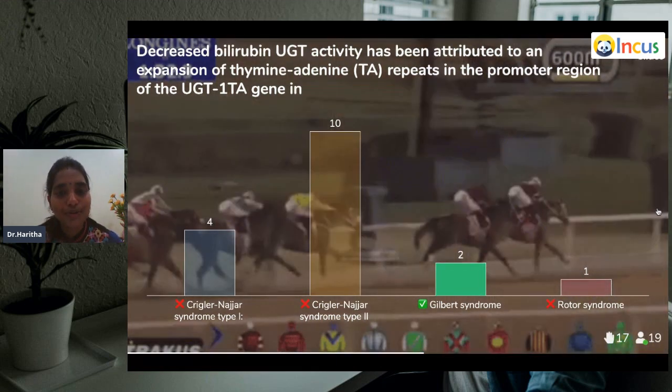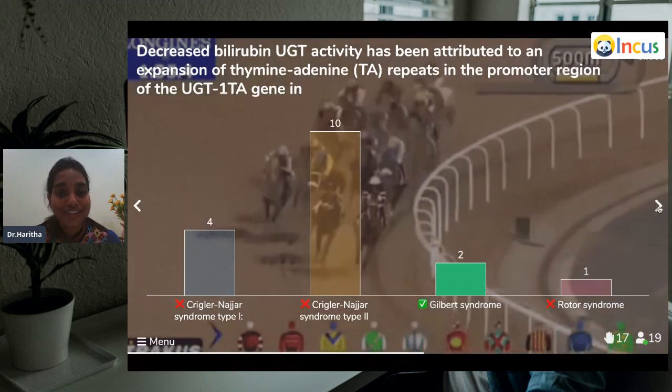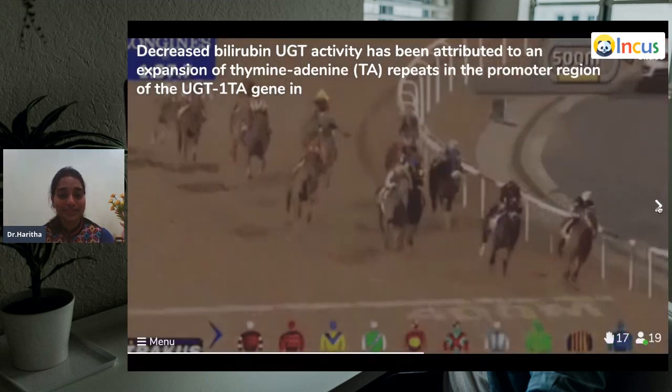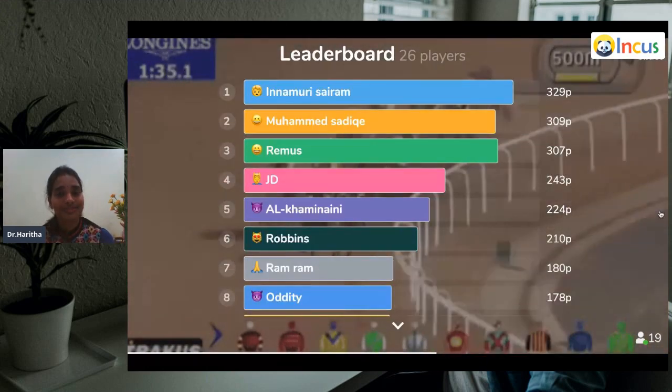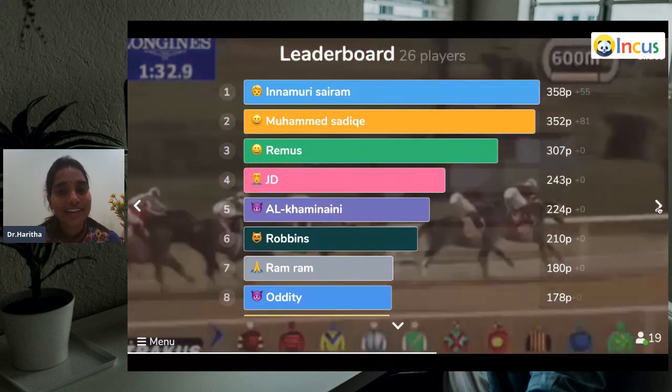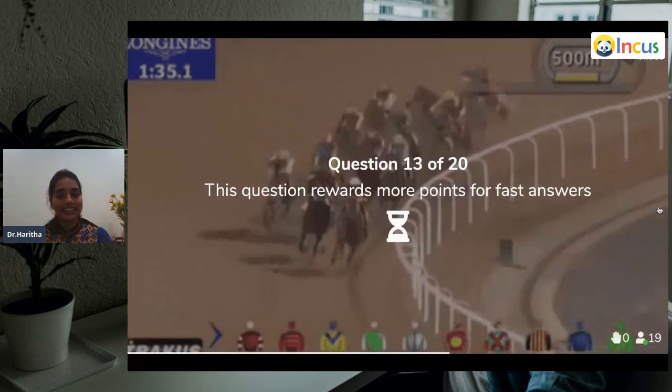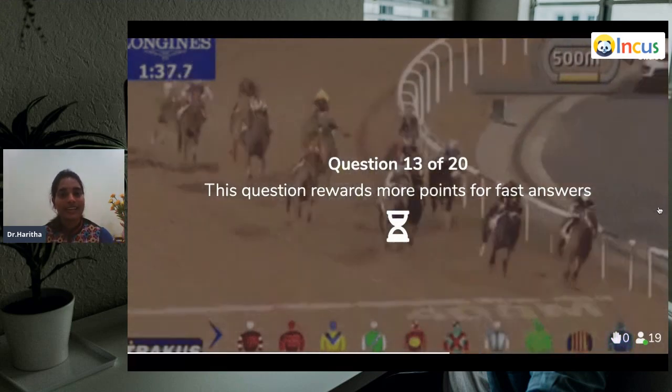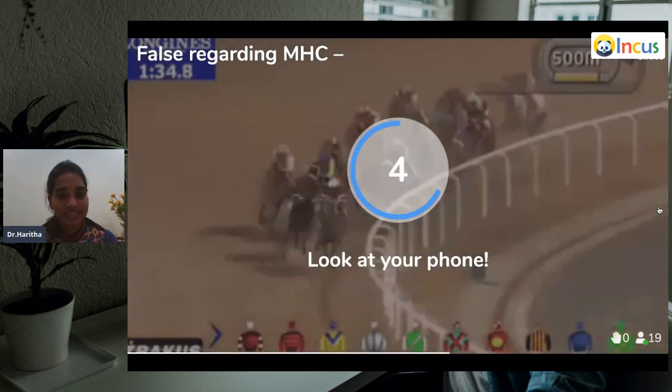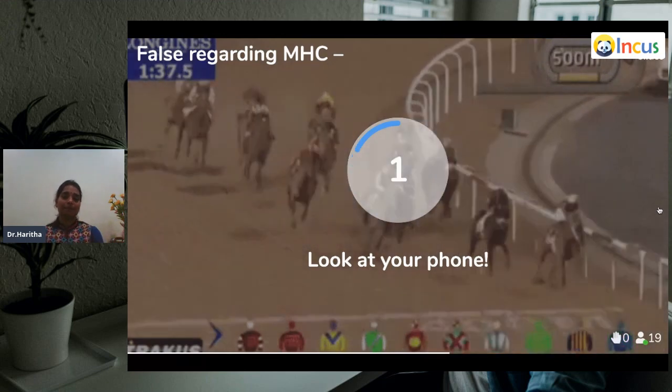Oh, 2 wrote Gilbert syndrome, which is the right answer. And why Crigler-Najjar 2? Okay, Sairam is on the lead again. Question 13. False regarding MHC.